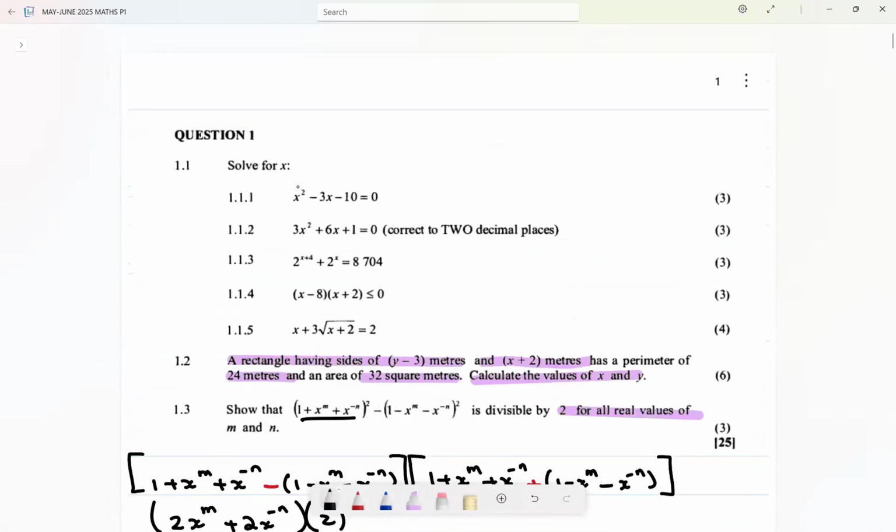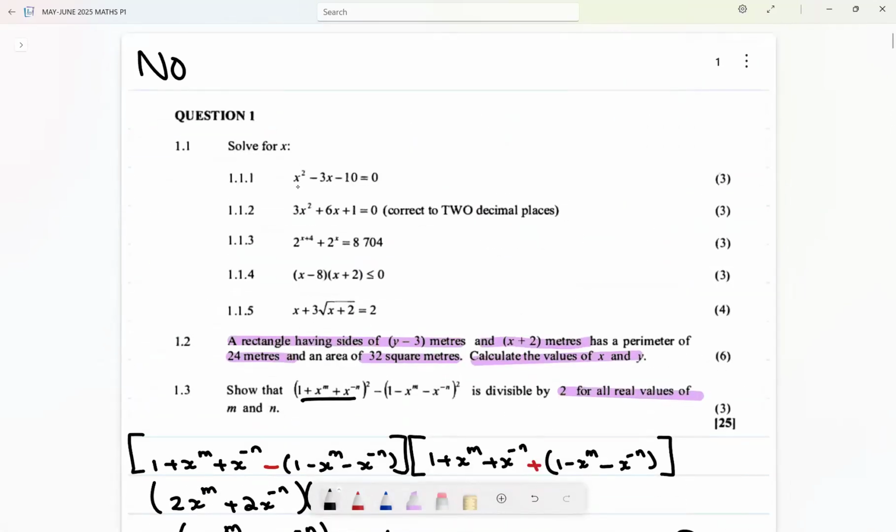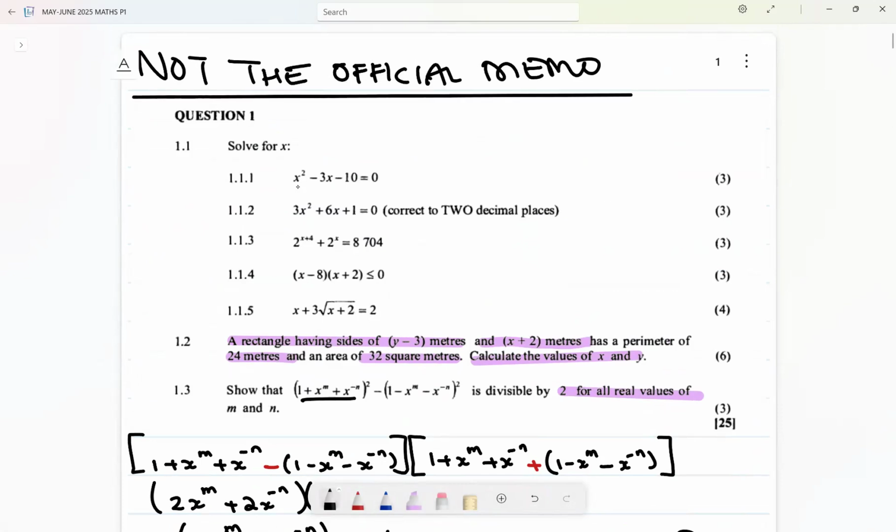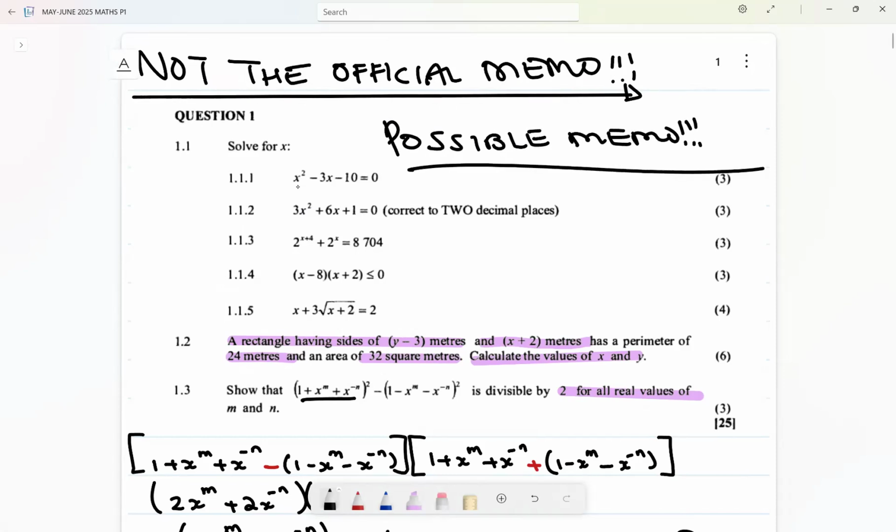I repeat, very important. This is not the official memo. It's just a possible memo, guys.